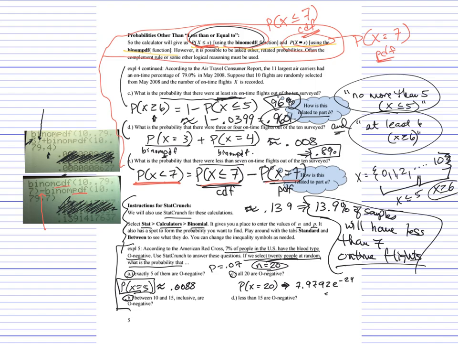Do you remember that scientific notation? That means take your decimal place between the 7 and the 9 and then move it to the left 24 spots, which makes 23 zeros, right? Any normal person would be like, hey, that's just 0. So we're going to say that the probability that x is 20 is 0. Now think about that.